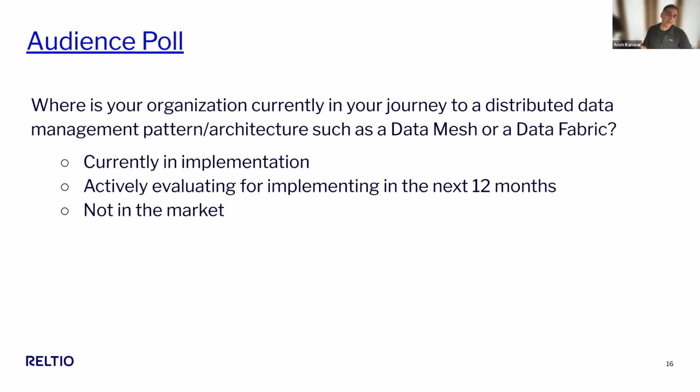Are you actively evaluating for implementing this in the next 12 months, or are you not in the market and just curious? Ansh, you'll have to start that poll. I've got some error on mine. Okay, no problem. Let's do journey poll number 2, launch. Should be up. I like the poll aspect of it. Do more of these.